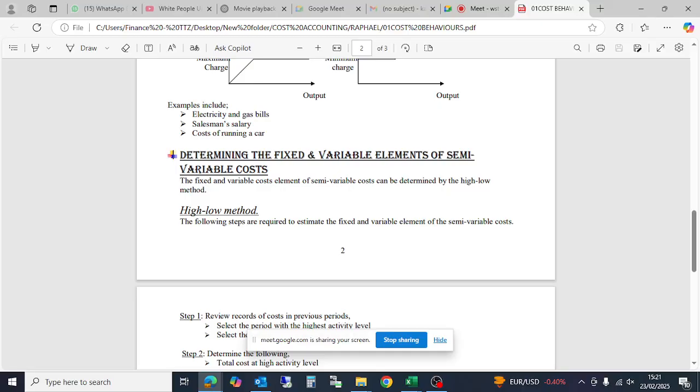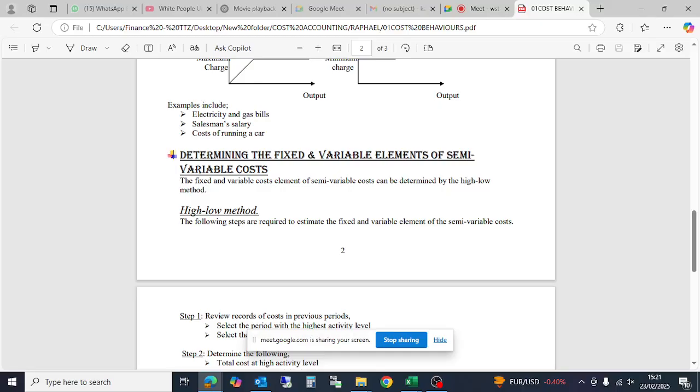Some component of it is affected by production, and some component is not. So, to separate or identify the two costs, we use a method called the high-low method, where we compare the highest and the lowest in terms of units and costs, find the differences, and then divide to find the variable cost per unit.